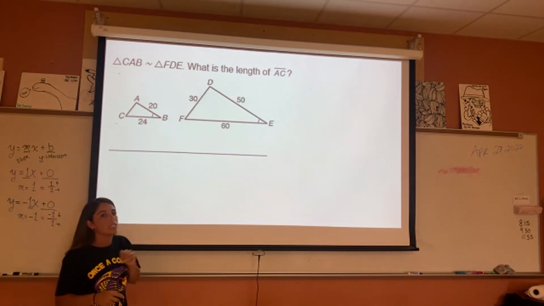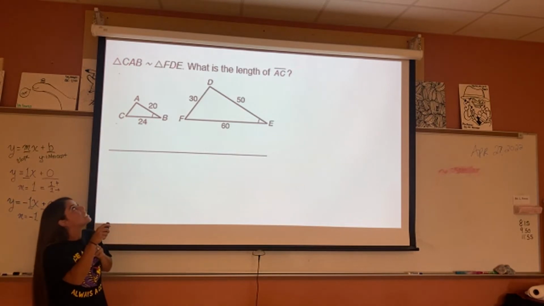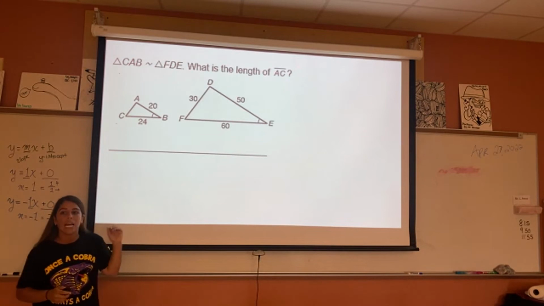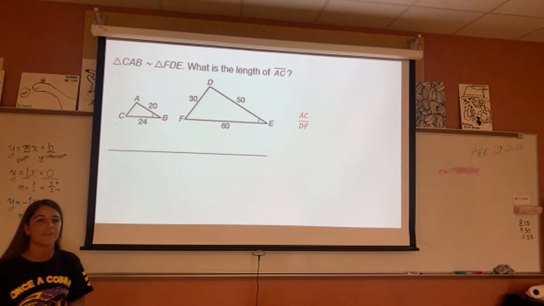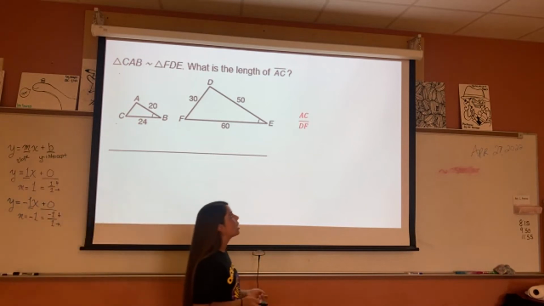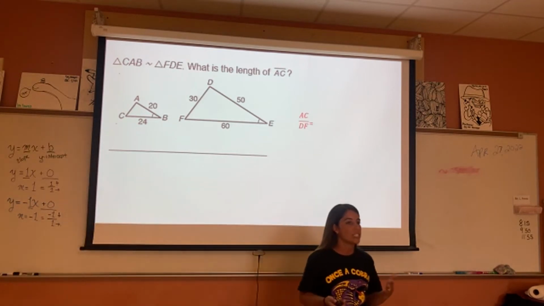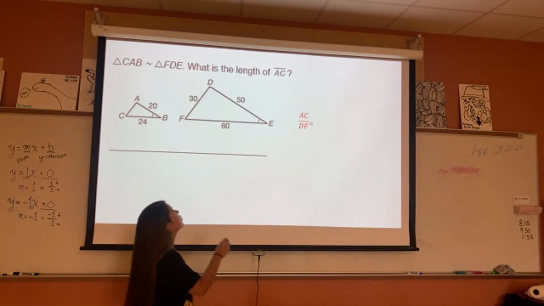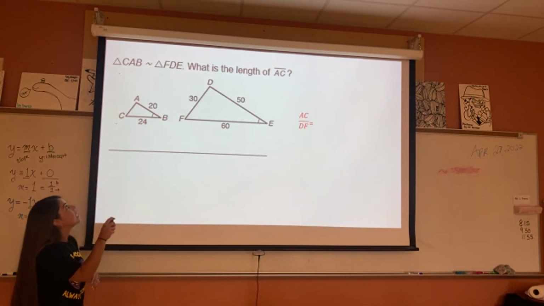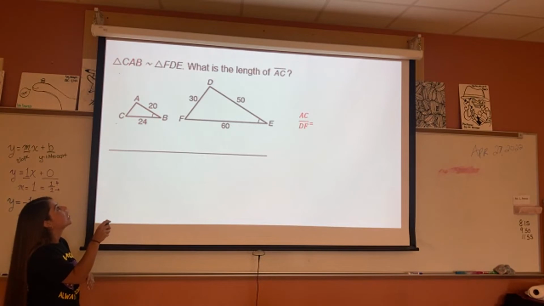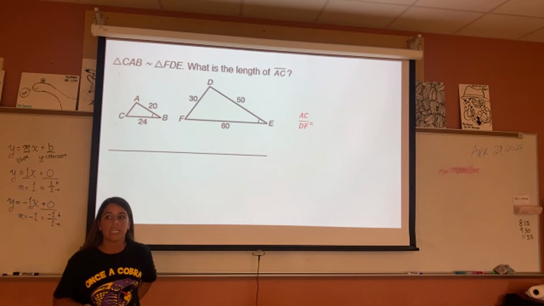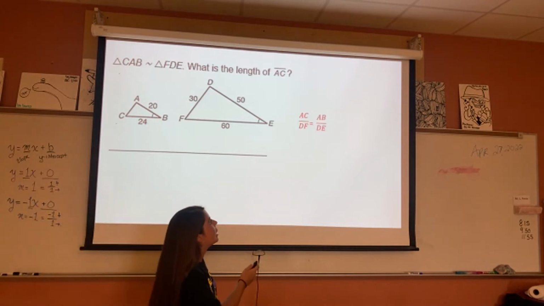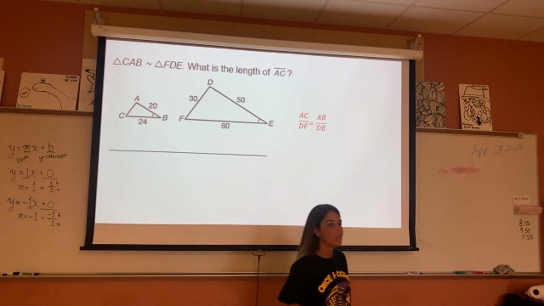I know AC corresponds to my second and my first letter. I set it up as AC over DF. Then I'm going to set that equal to another set of corresponding sides. In this case, I'm going to choose AB, my second and third letter. What's AB's corresponding side? DE, good. So I'm going to set it up as AB over DE.